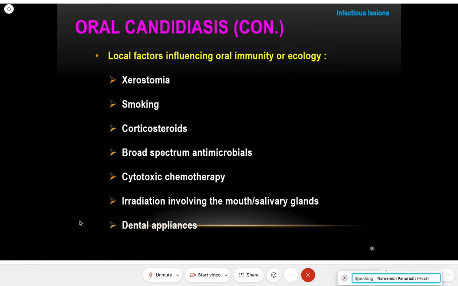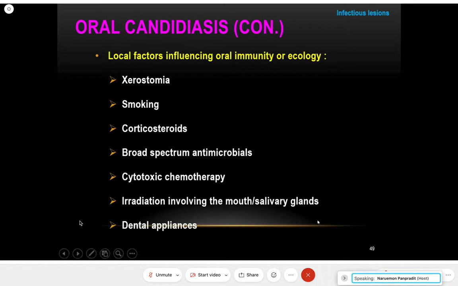They kill the bacteria, so the balance between bacteria and fungi is lost. With fewer bacteria, fungi can overgrow. Another is cytotoxic chemotherapy, where many cells are destroyed and the mucosa is not strong, so Candida can penetrate more easily.